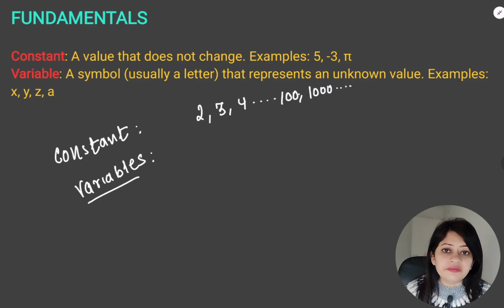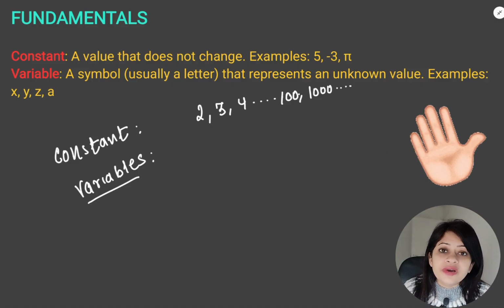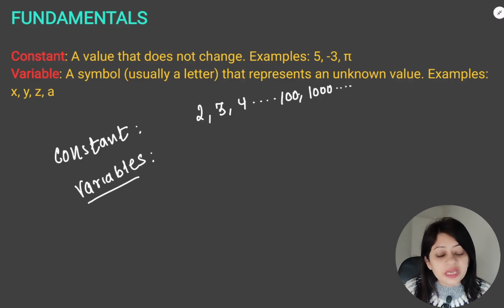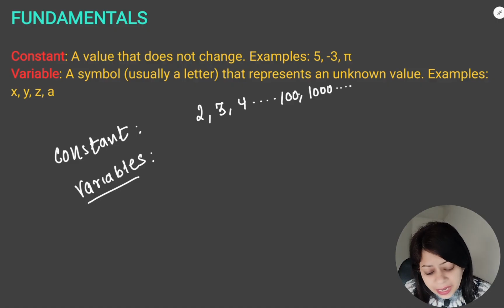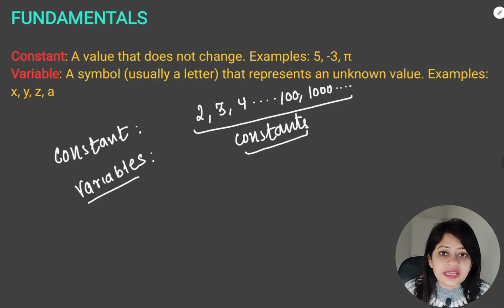Can you change 5? If I say I have 5 fingers, can you change 5? No. 5 cannot be changed. This counting, whatever we do, cannot be changed. This is fixed. This is a constant. That's why these numbers are called constants, because their values are fixed. They cannot be changed, right?